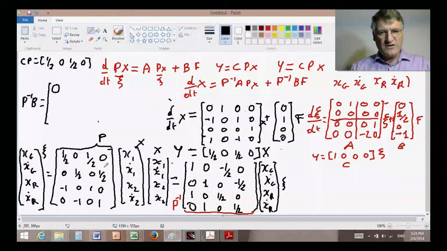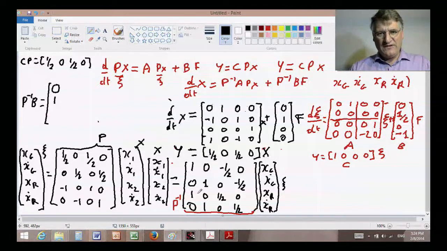The second entry will be this row times the same column. Therefore, it will be 1/2 plus 1/2. And this will give us 1.